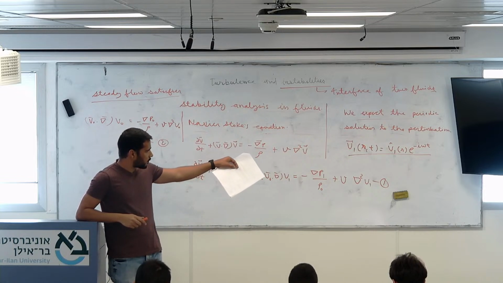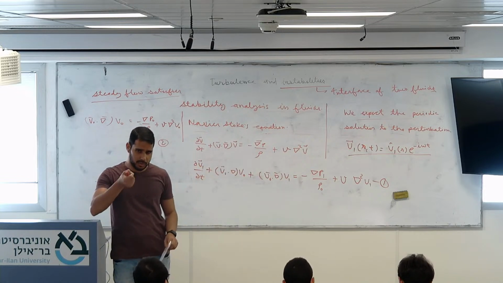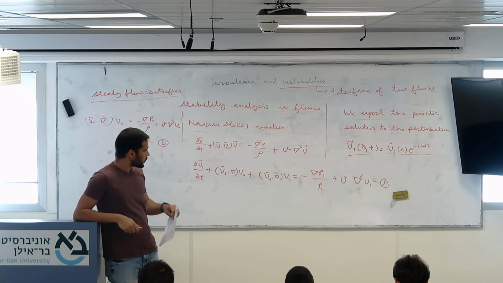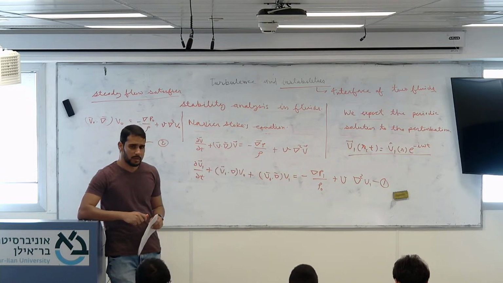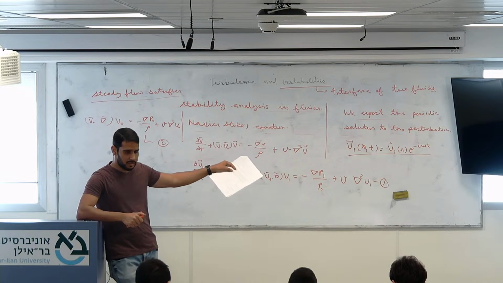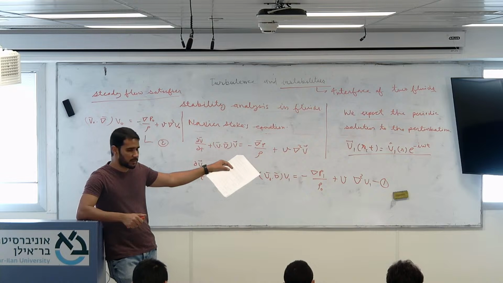So if you give an oscillator frequency omega, and you give this kind of perturbation V1, how should this perturbation grow? As the perturbation has exponential i omega t, in which condition will the perturbation grow in time?